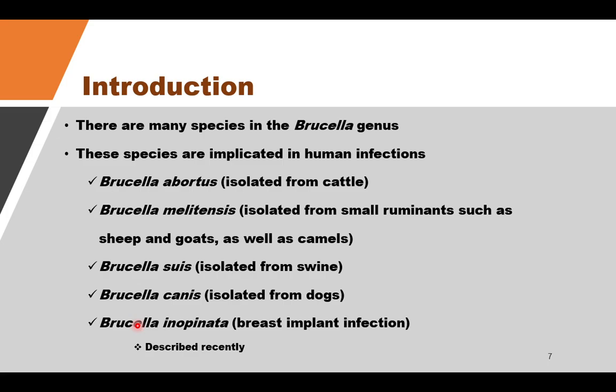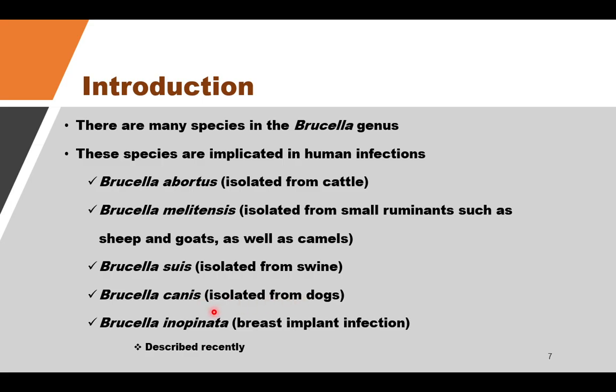Now, there are many species of these organisms, but the most virulent strains are Brucella melitensis and Brucella suis. Other strains such as abortus are associated with cattle, melitensis usually with smaller livestock, sheep and goats. Brucella suis is from pigs, Brucella canis from dogs.